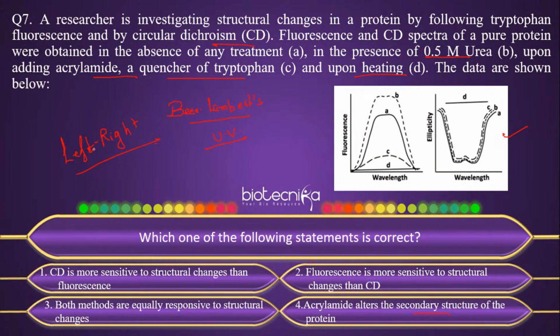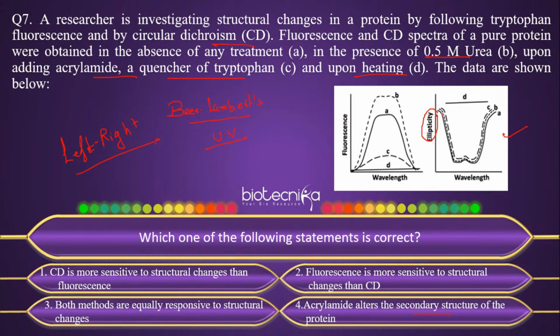And circular dichroism is often reported in degree of ellipticity. So yes, I think the confusion is between option 1 and 2. So let me explain you the answer. Okay, let me explain you, and then you'll better understand why a particular option is the answer.